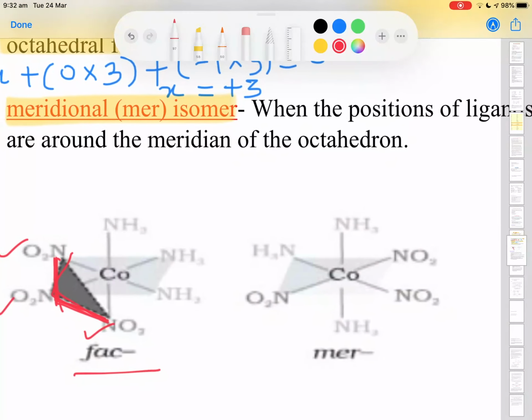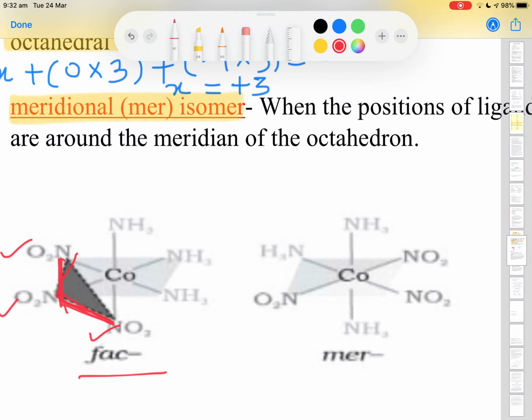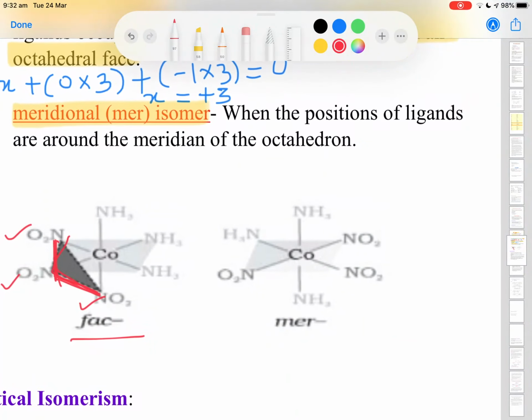Whereas in MER, that's meridional. This is pretty different from facial, but it's very easy to understand. That's the position of the same ligands around the meridian of the octahedron. Now, where can you find the meridian?